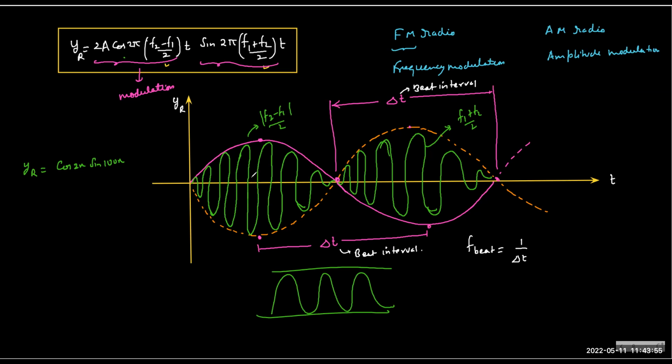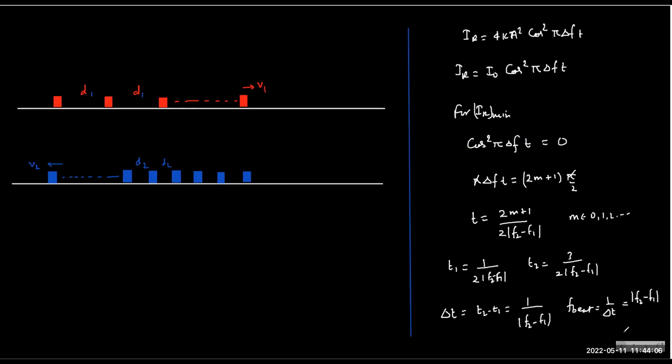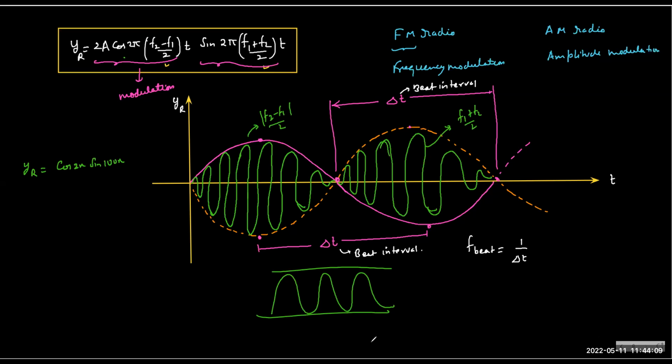Okay, this diagram is not correct because I have actually drawn it for the cosine function. This should be a sine function actually. I have just done the opposite. So instead of the cos function, I have done it for the sine function. What I have done is for sine x and sine of 10x or 100x, because I have started from the mean position.